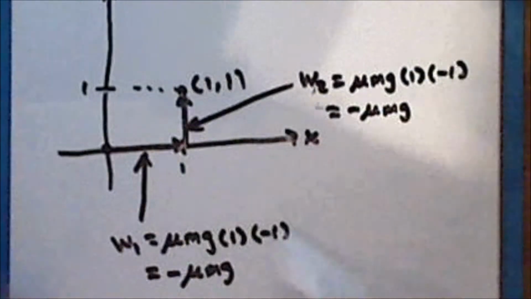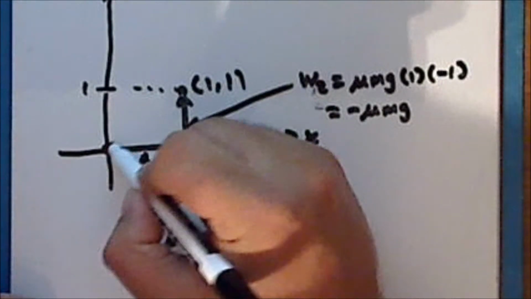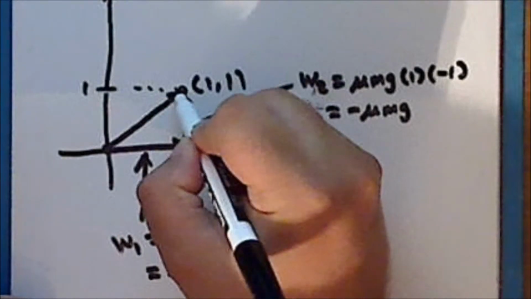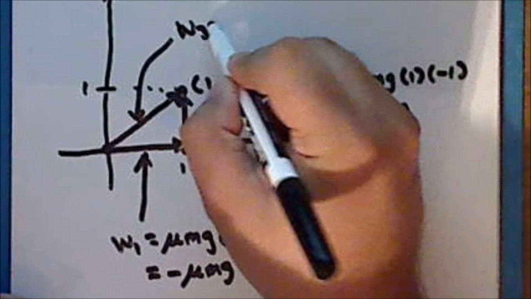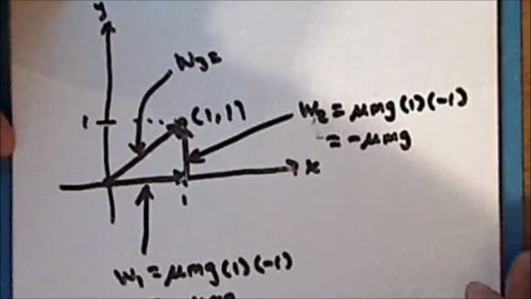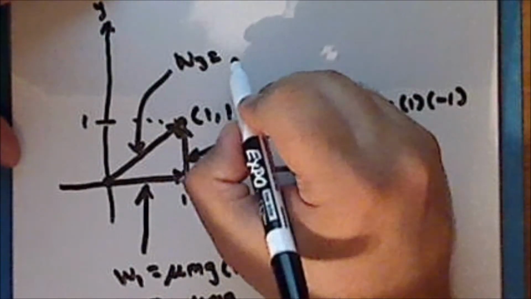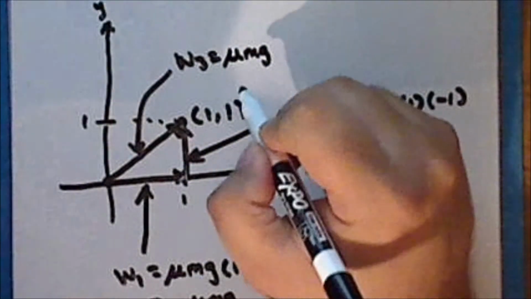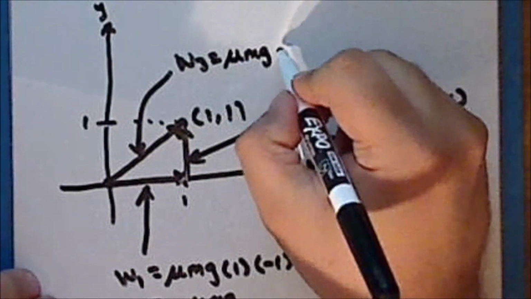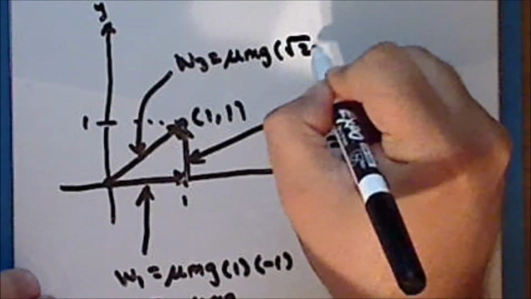So now we consider the path from the origin to the point (1, 1) along the line y equals x. The work done is equal to the magnitude of the force of friction, which is mu times m times g, times the magnitude of the displacement, which is the square root of 2.